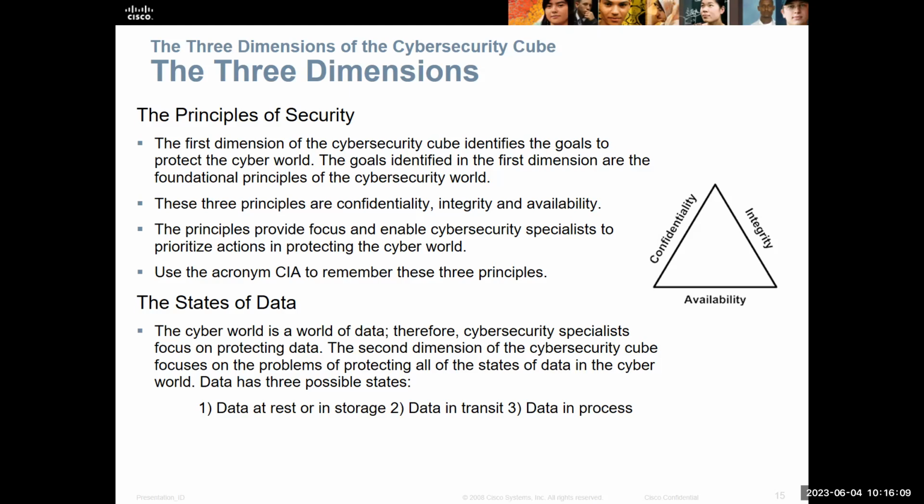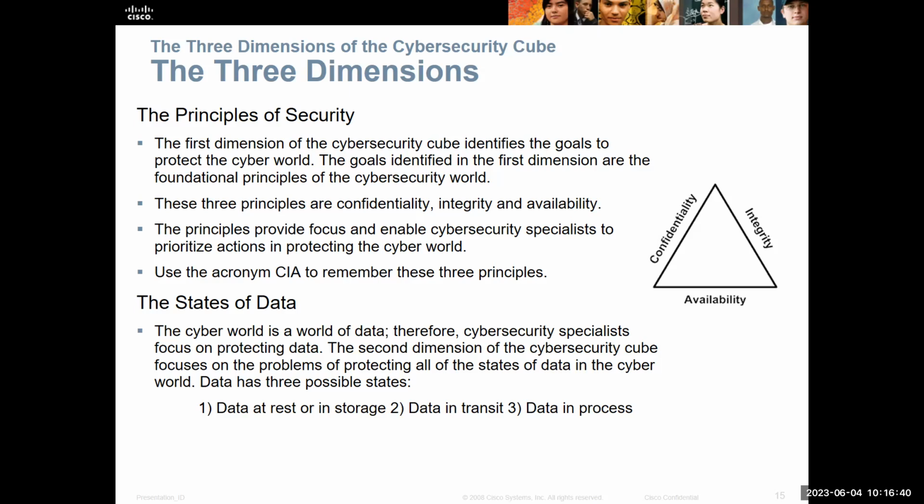So when you critically analyze and understand the mix between these 3 dimensions, that will give you a proper strategy and a proper framework to implement cybersecurity in the organization you happen to find yourself in. Okay. The acronym CIA is used to help us remember the principles or the 3 dimensions.